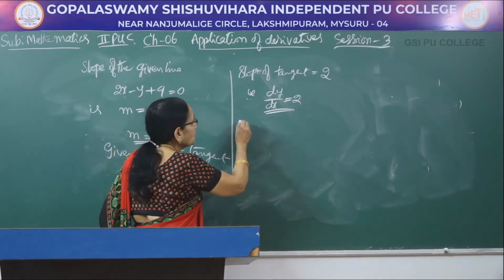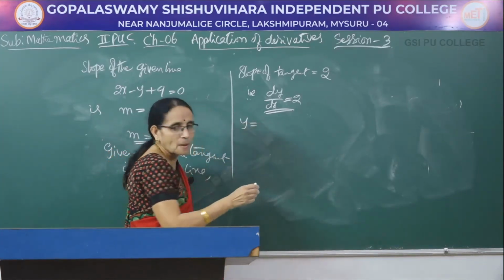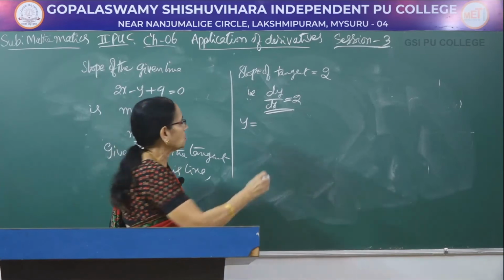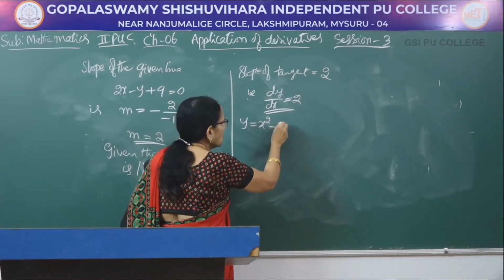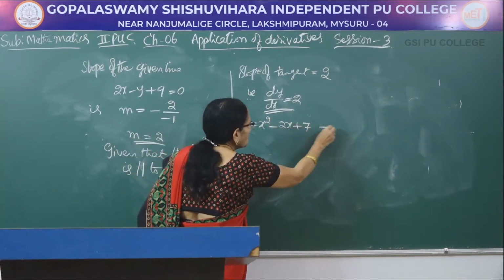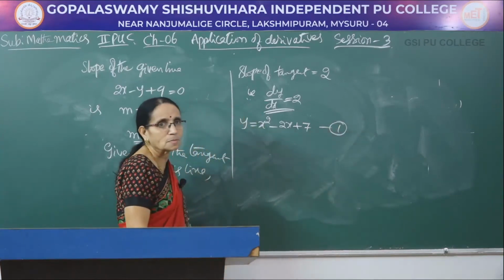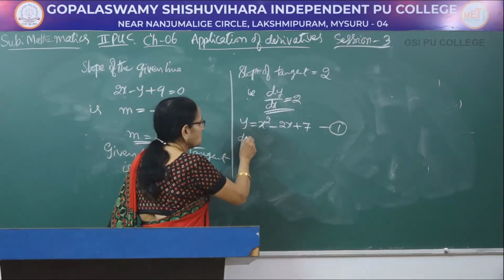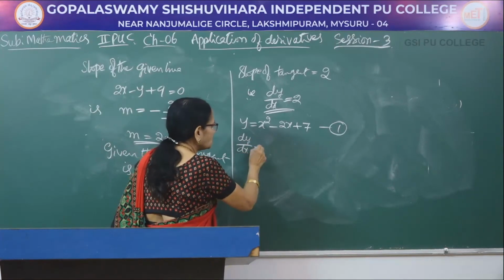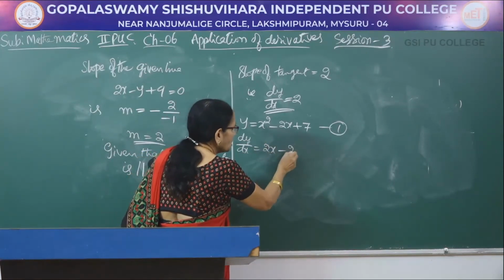Now, go to the given function. What's the given function? y equal to x square minus 2x plus 7, take it as 1. Now, differentiate, dy by dx is 2x minus 2.